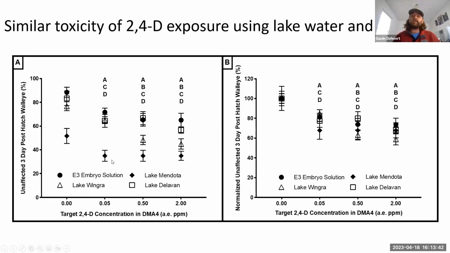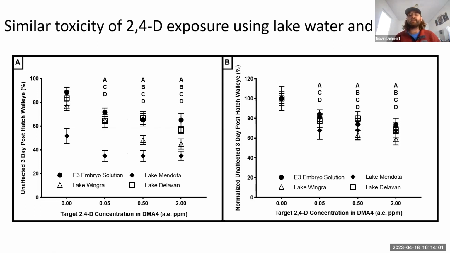So the different lake parameter waters weren't really changing what we saw. However, I'll draw your attention to Lake Mendota here, where we see a severe decrease in the controls, as well as all of the other treatments.